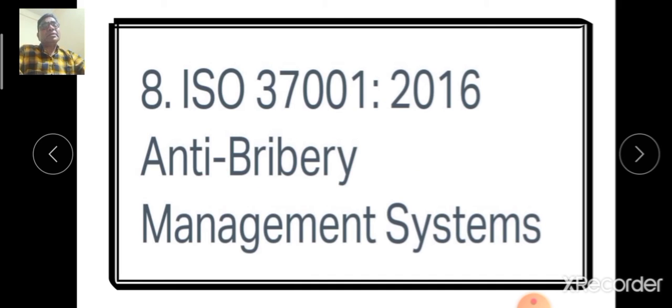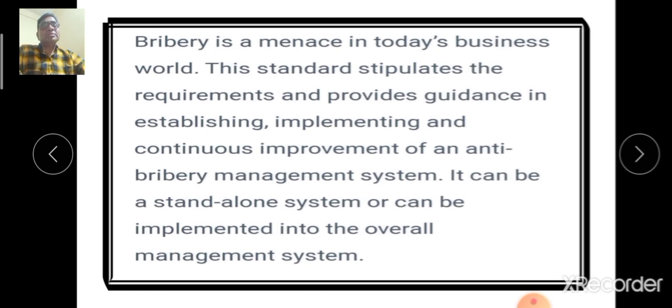The next ISO series is ISO 37001:2016, which is related with anti-bribery management systems. Bribery is a menace in today's business world. The standard stipulates the requirements and provides guidelines in establishing, implementing, and continuously improving an anti-bribery management system.